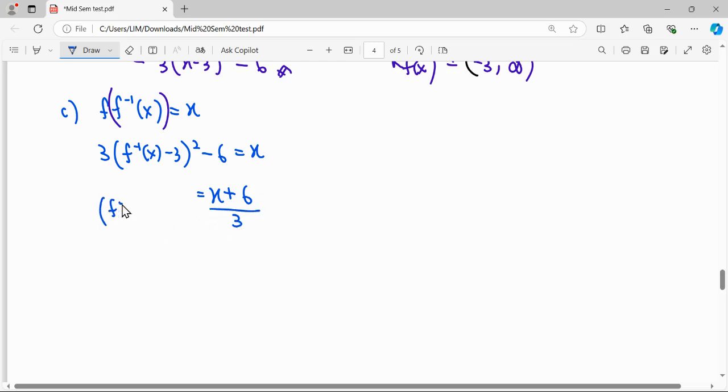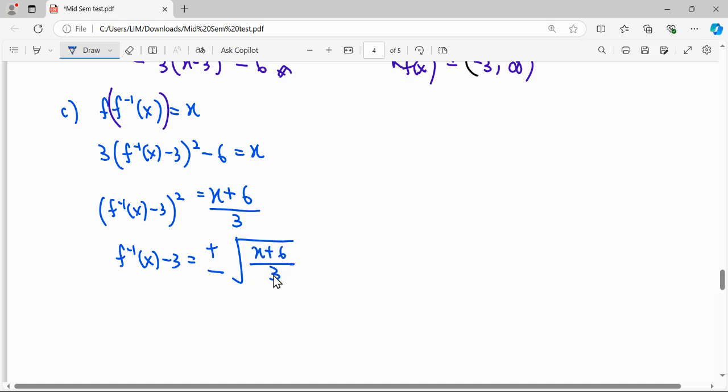So here we have (f inverse minus 3) squared. Then when you want to remove the square to the right-hand side, don't forget we always get two answers. When you solve a quadratic, you have a positive and negative answer.